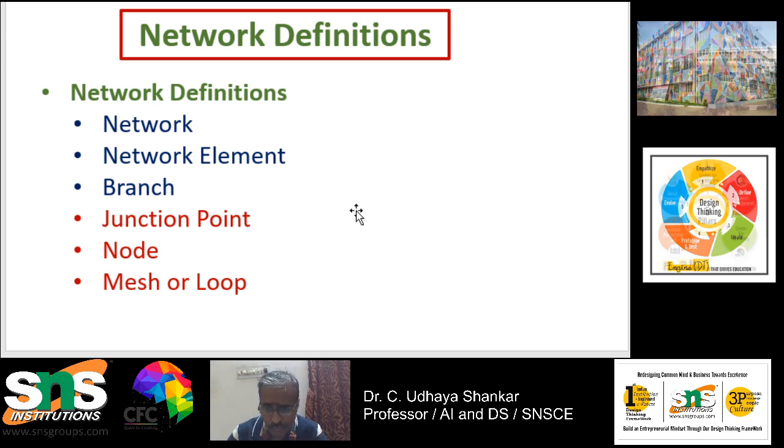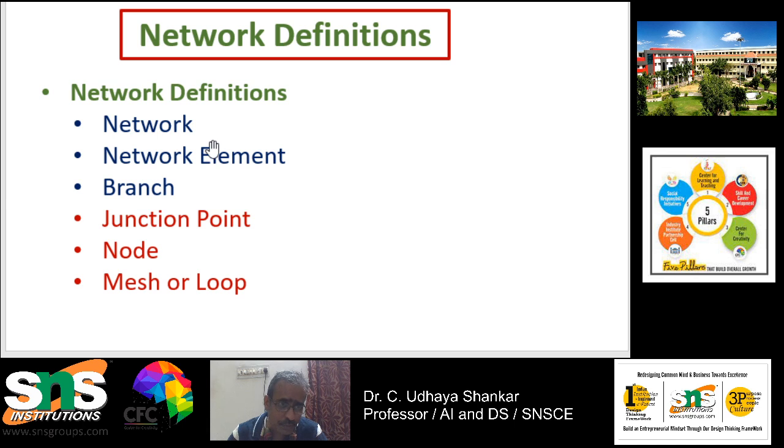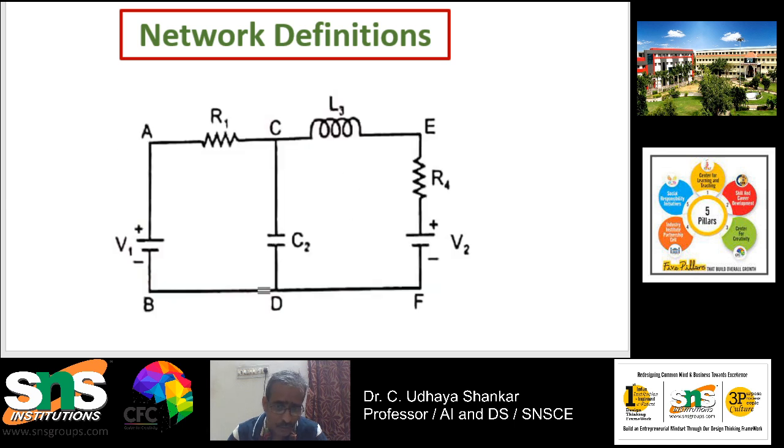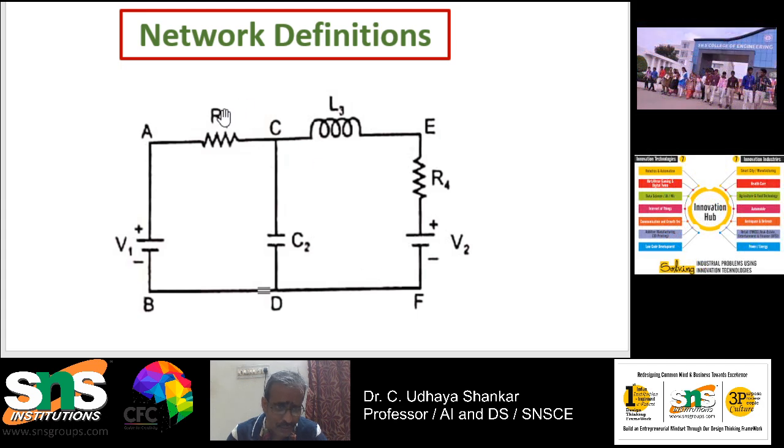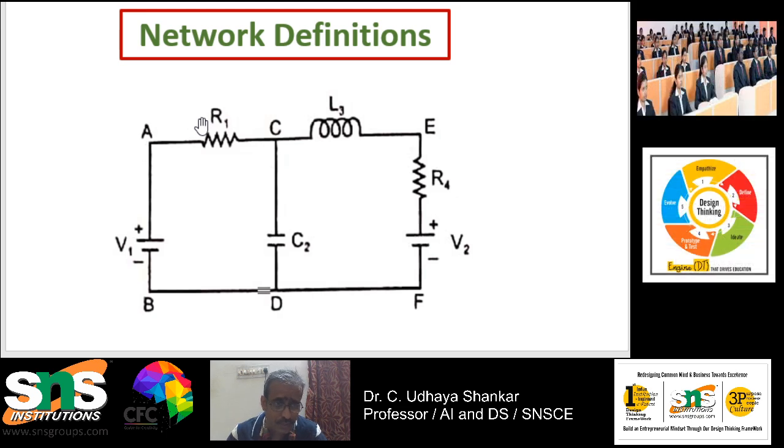Now, what is a network actually? Here you can see the circuit diagram. This is a network: any arrangement of electrical energy sources with circuit elements. In this circuit, energy sources are there, and circuit elements are also there.